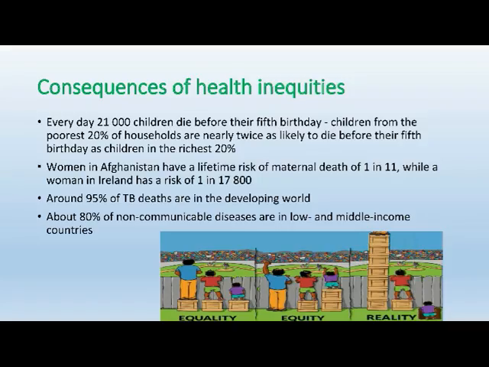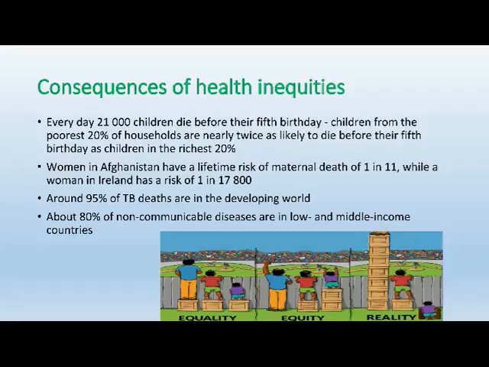There are many consequences of health inequities. Every day 21,000 children die before their 5th birthday. They die of pneumonia, malaria, diarrhea and other diseases. Children from rural and poorer households remain disproportionately affected. Children from the poorest 20% of households are nearly twice as likely to die before their 5th birthday as children in the richest 20%.